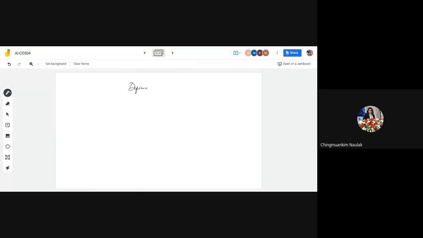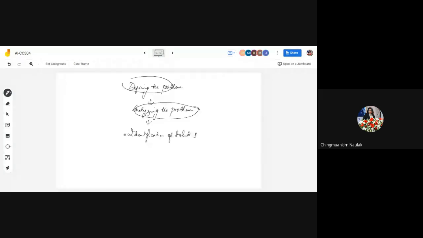Defining the problem, analyzing the problem, identification of solutions, choosing the solution, and then implementation.